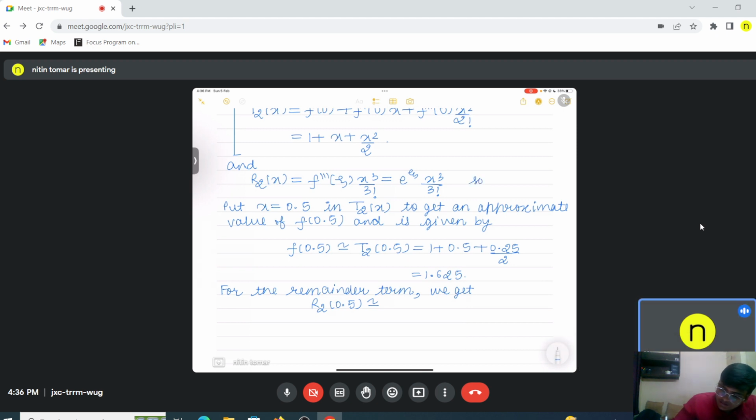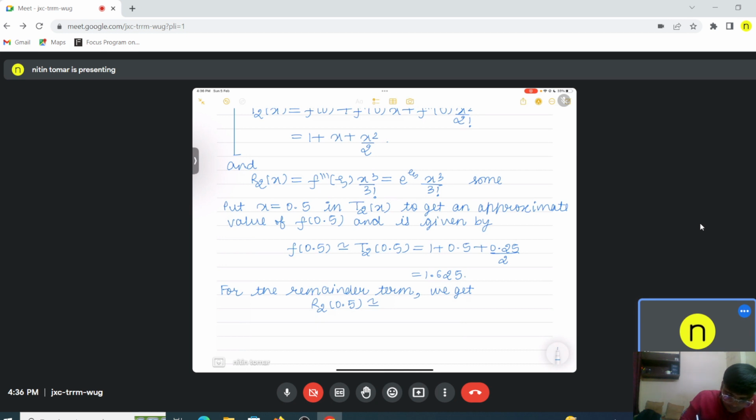Harish, please mute your mic. So if you compute this value, then you will get approximately 0.02. I have computed this value: 0.020833 times e power xi.